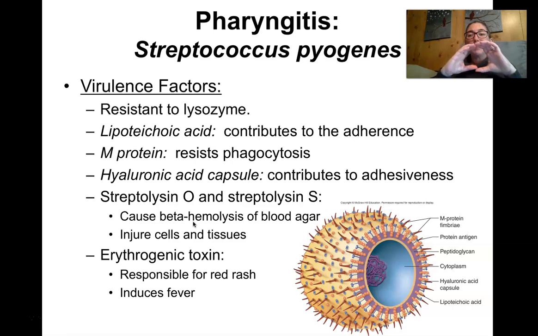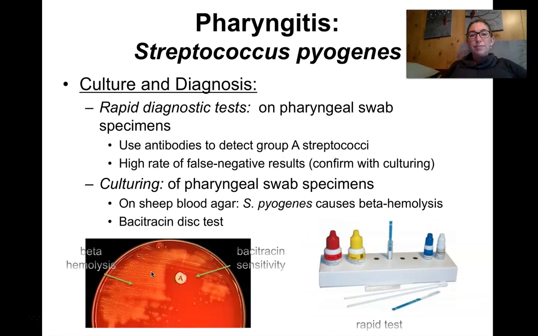When you grow it on sheep's blood agar, which is red, wherever the bacteria is growing, you get clear zones in the agar because it lyses all the red blood cells. It also damages red blood cells in the body, which can cause problems, especially if it gets into the blood. And it also secretes an erythrogenic toxin. Erythro means red. That's what causes the rash in the case of scarlet fever.